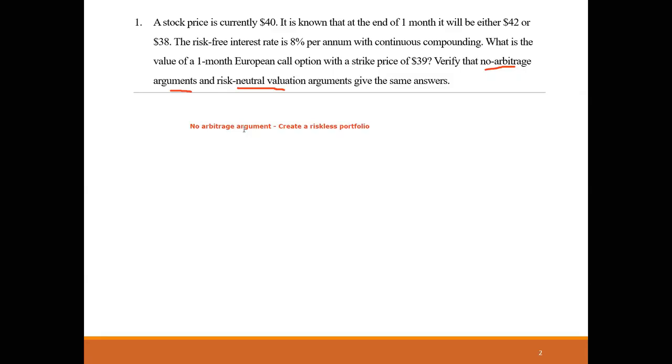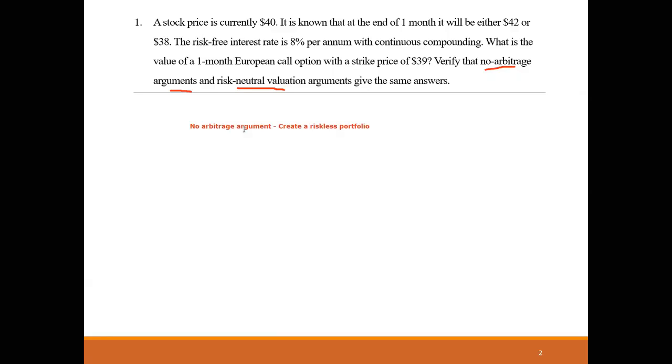So if there is no risk for the portfolio and there are no arbitrage opportunities, your return should be equal to the risk-free rate of return. If there were arbitrage opportunities, what could happen? You could have earned a return that is more than the risk-free rate of return, more than what you should have got.